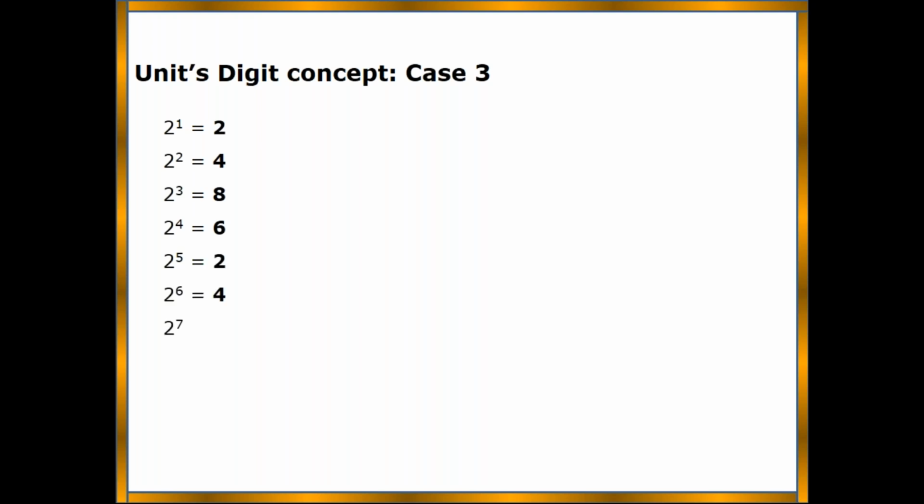Otherwise, if you don't know the value of 2 power 5 directly, 2 power 5 means 2 power 4 into 2, nothing but 6 into 2, 2. Again 2 into 2, 4. 4 into 2, 8. 8 into 2, 6.